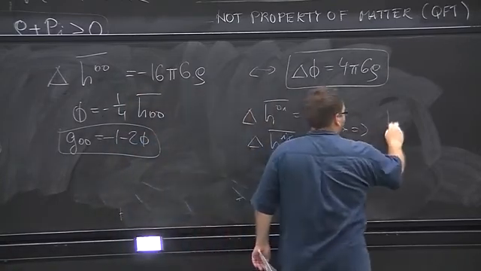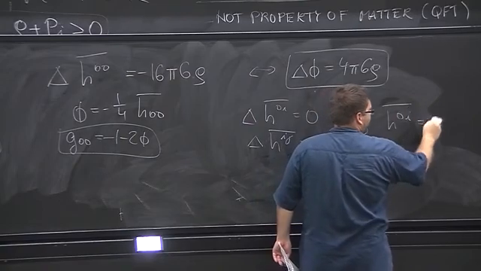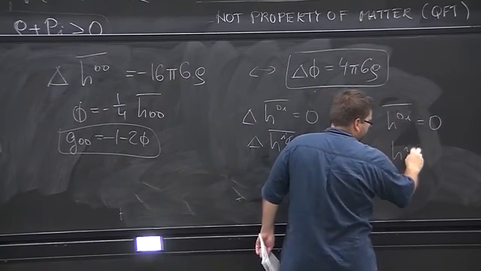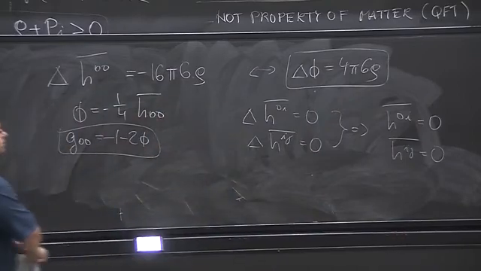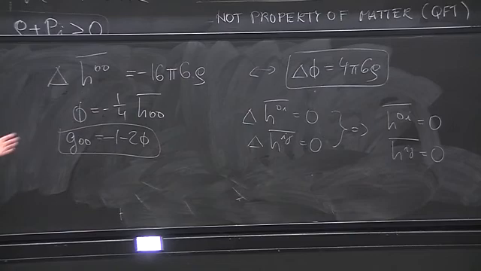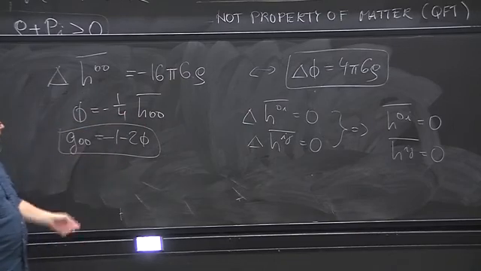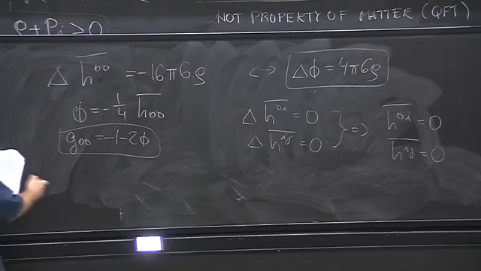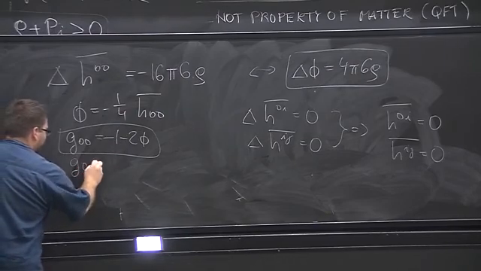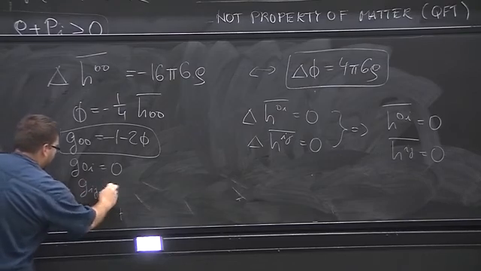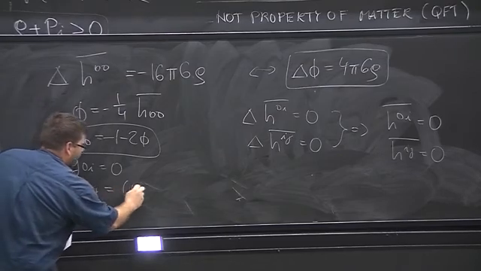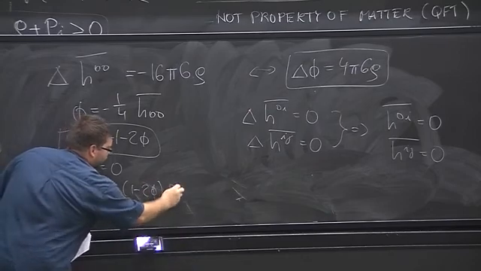So h 0i bar equals 0 and h ij bar equals 0. Okay, so the only non-trivial component is really this h 00 bar, and it gives you g 00 is minus 1 plus 2 phi, g 0i are 0, and g ij are 1 minus 2 phi times delta ij.